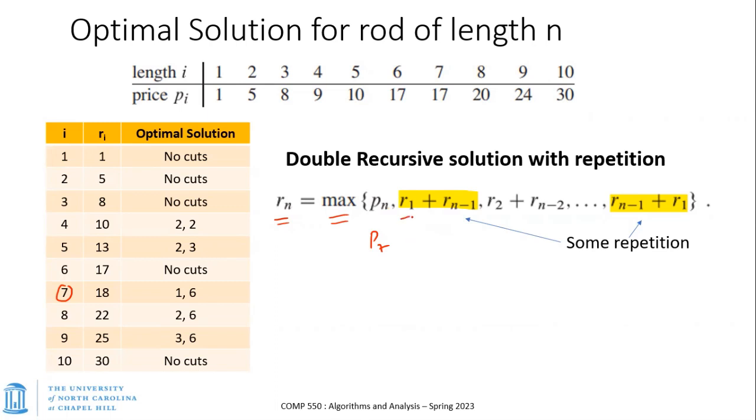So you look up the optimal solution for 1 and the optimal solution for 6. You compare that with P7, the price of 7, so 1 plus R6, or you could have a cut at the second point, which is R2 plus R5, and so on, all the way up till Rn minus 1 plus R1, okay?